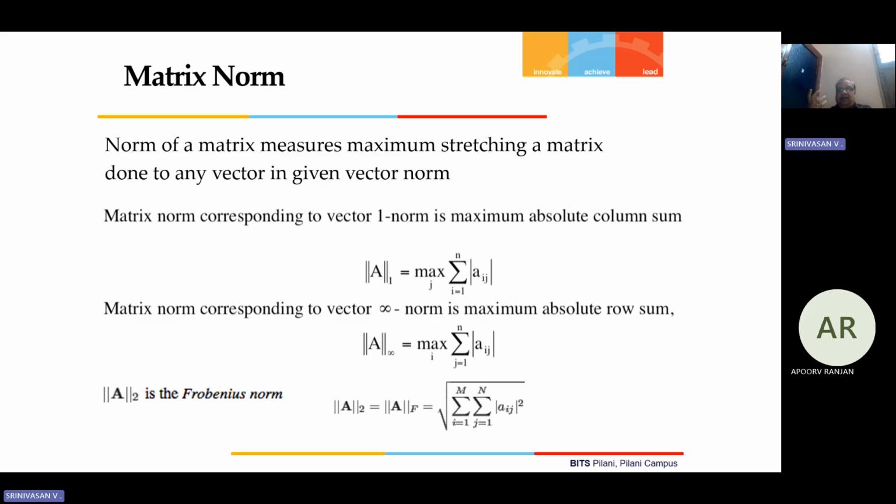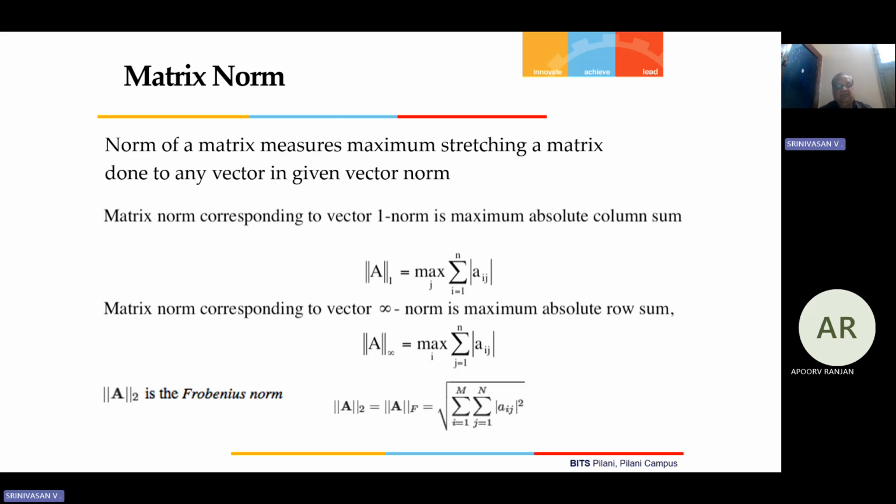So the matrix norm A1 is the maximum absolute column sum, corresponding to the vector 1 norm. And the matrix norm corresponding to the vector infinity norm is the maximum absolute row sum. So norm A with suffix infinity equals the maximum over i of the summation of modulus Aij, j equal to 1 to n. And norm A with suffix 2 can also be referred to as norm A with suffix f, because it was named after Frobenius.